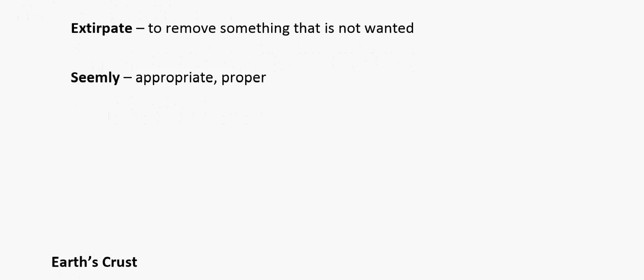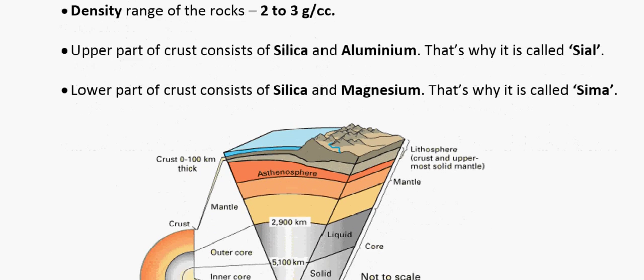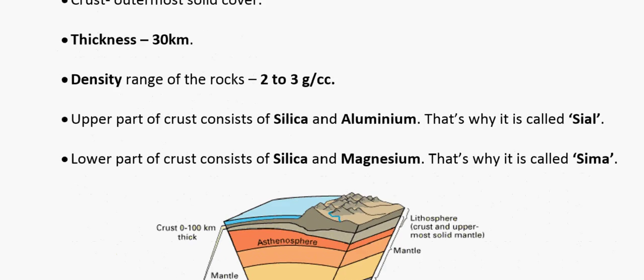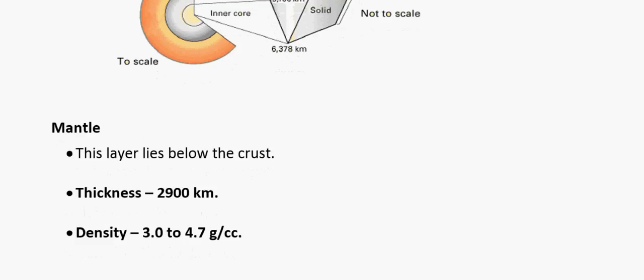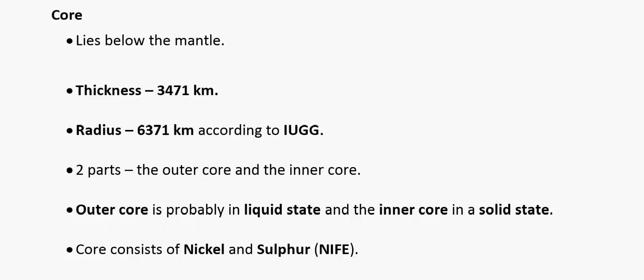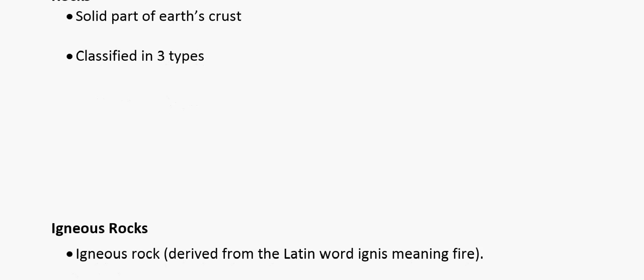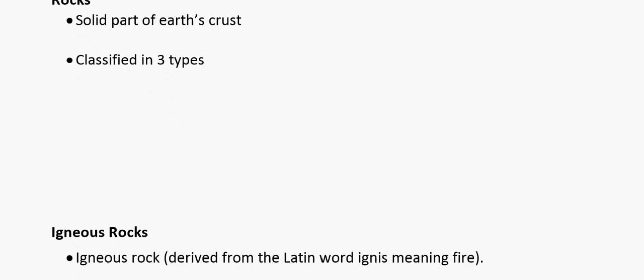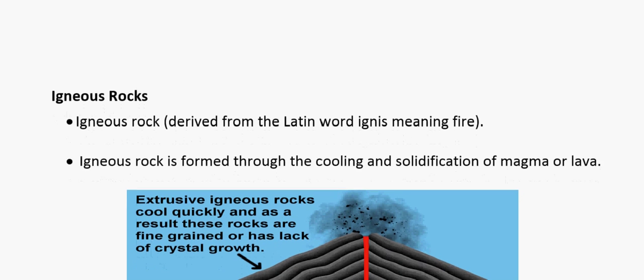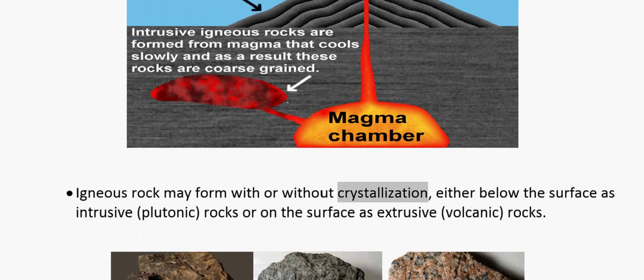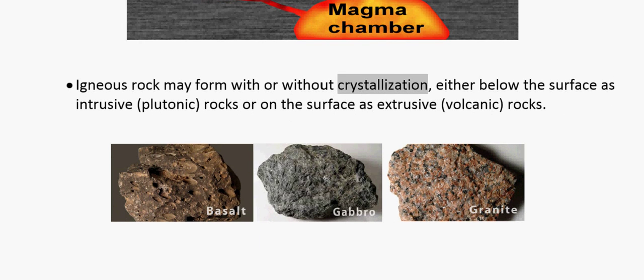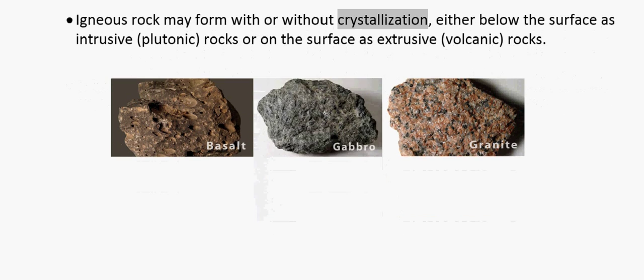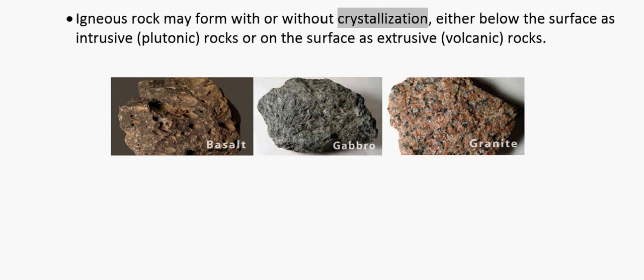Okay, fine guys, so this was the geography class. We have seen what is there in the earth's crust, the internal structure of the earth, mantle, core, and then we talked about rocks. We have three types of rock: igneous, sedimentary, and metamorphic. Igneous rocks have basalt, gabbro, granite, and whatever other examples you get to know, please note down those also.